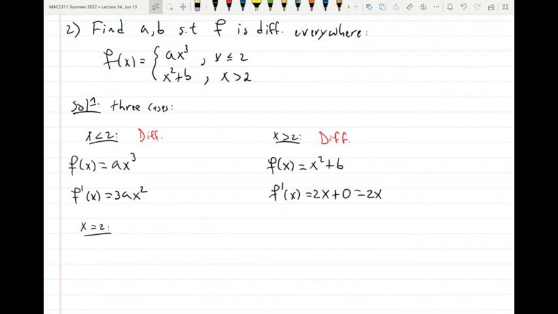What can we do? Yes? We could solve for a and make the derivatives equal to each other. Okay, why? Because they have to be equal, or else it's not differentiable. Technically, you should be taking a limit, right?